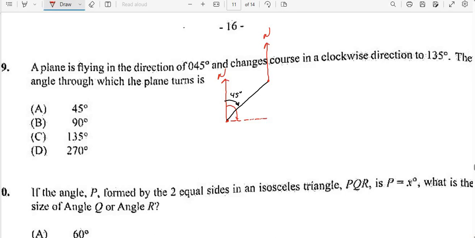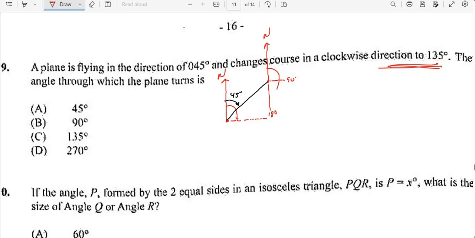And 135 degrees is what? All right, turn from the north line, clockwise direction, 135. Now this is going to be 90 from the north line, and 135 will be somewhere here. 135 is exactly between 90 degrees and 180 degrees from the north line.